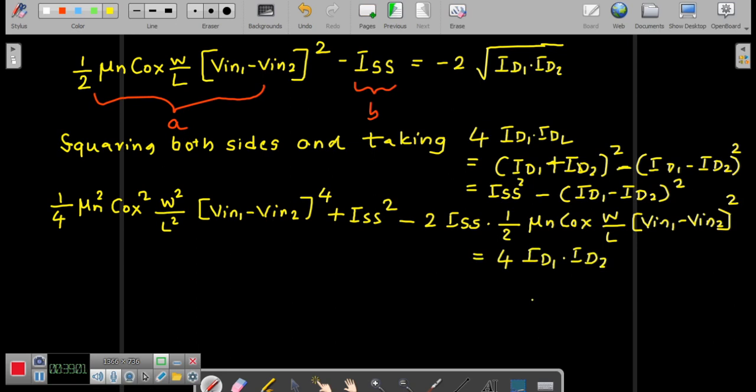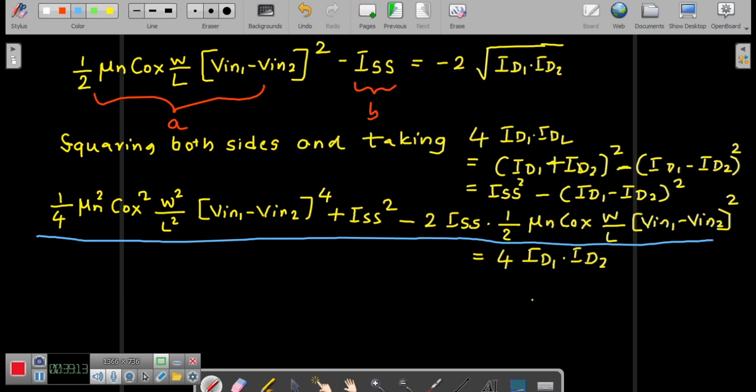Now we can check this equation. So this is one equation, I mean one part of the equation up to here. This is the other part of the equation wherein you have got ISS square common here. You have got ISS square here. On the other side also you have got ISS square. You can just take it off, right?